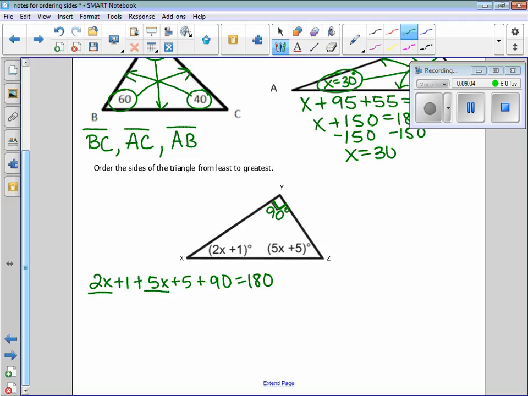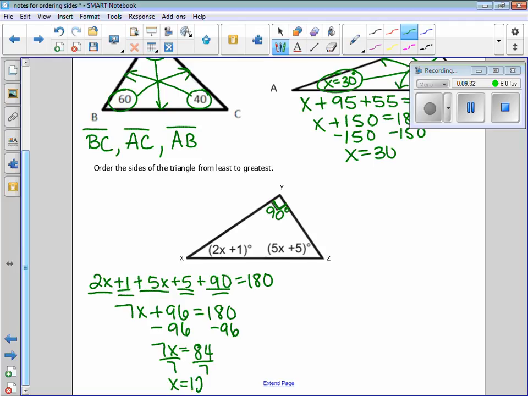Combine like terms: 2x plus 5x is 7x, plus 1 plus 5 is 6, plus 90 is 96. Subtract 96 and you get 7x equals 84. Divide by 7, x equals 12.